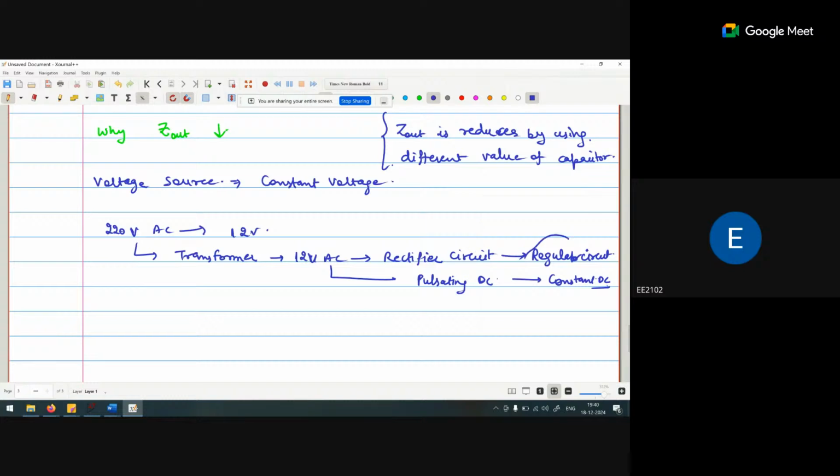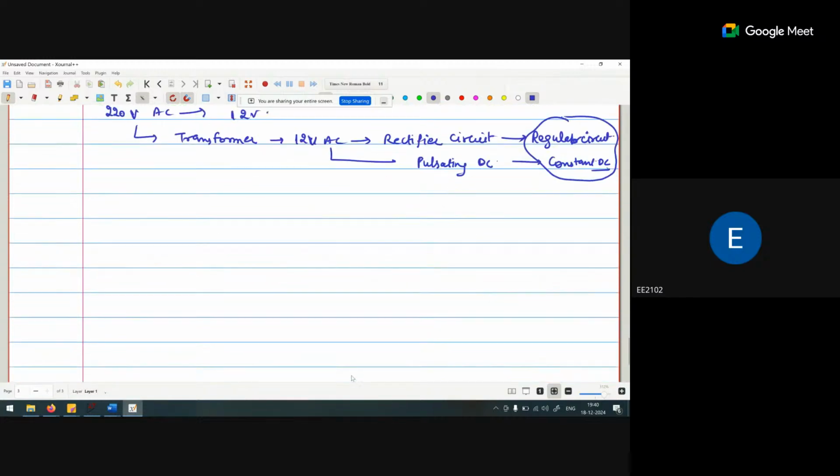So basically, it behaves as a voltage source for us, and the voltage source has the minimum Z out value. So that's why we are concerned about the Z out value.